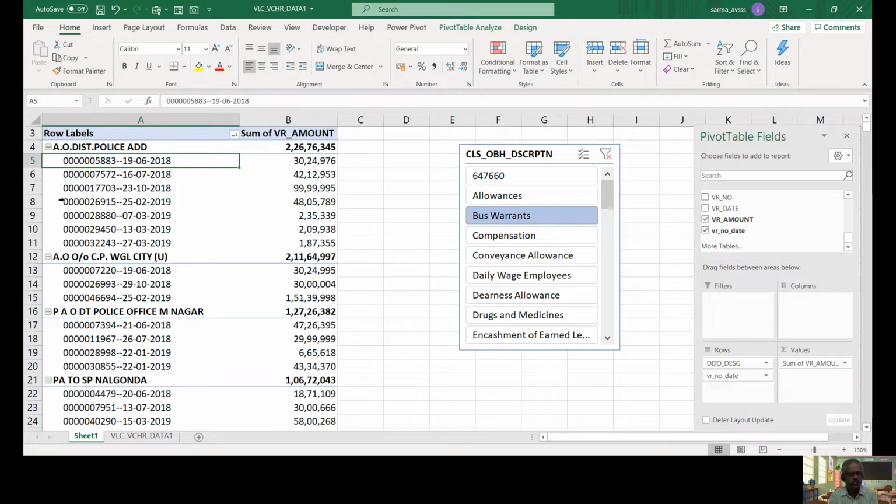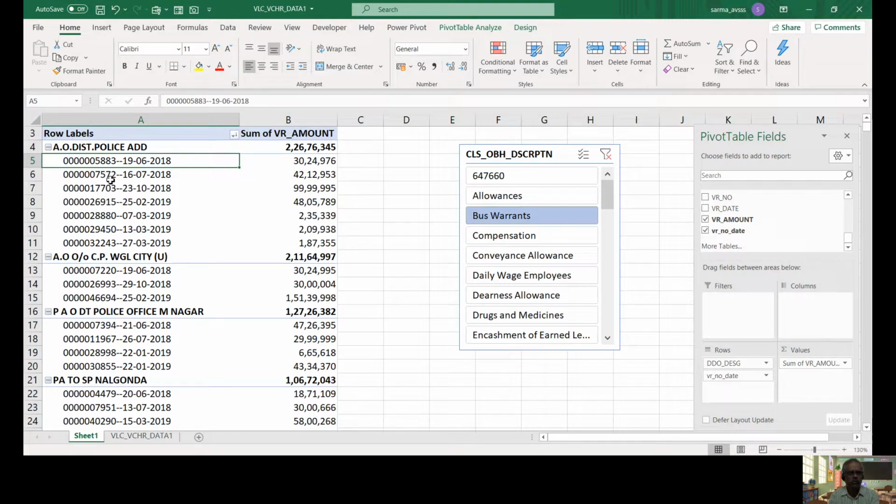Okay, now after this, having this data in electronic format, our audit analysis is becoming easier, right? Using this method, it will be very easy for us to analyze each DDO and their expenditure patterns.